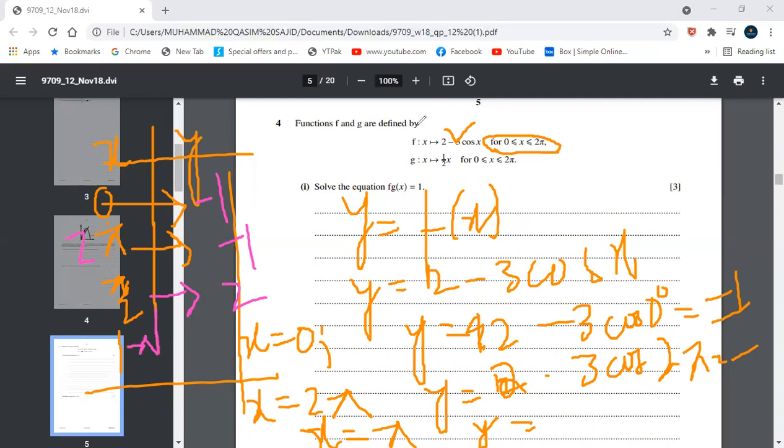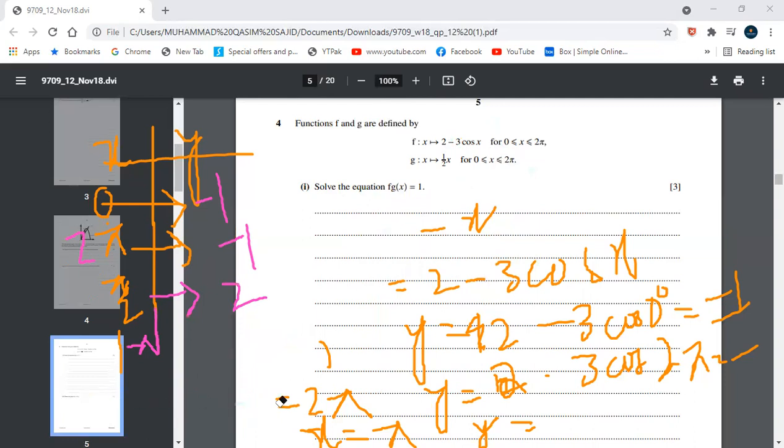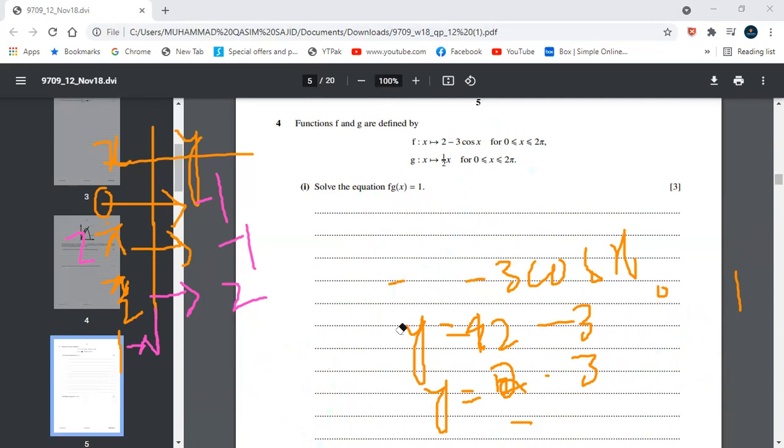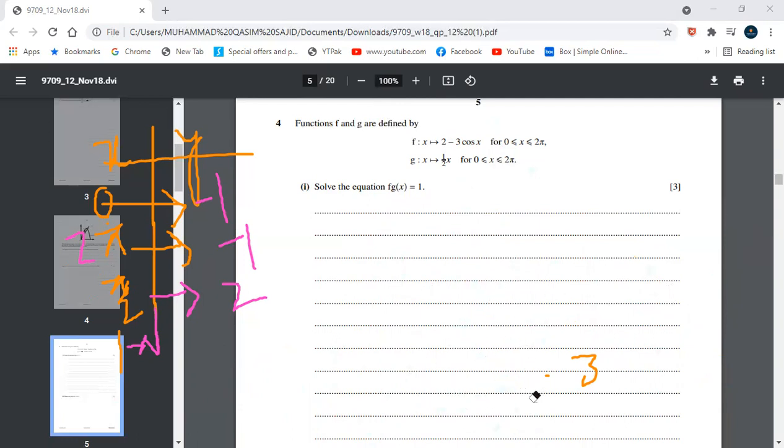Yes, pi, 180 degree. 5. How much? 5. Okay. So for the graph, this value is 5 at pi.